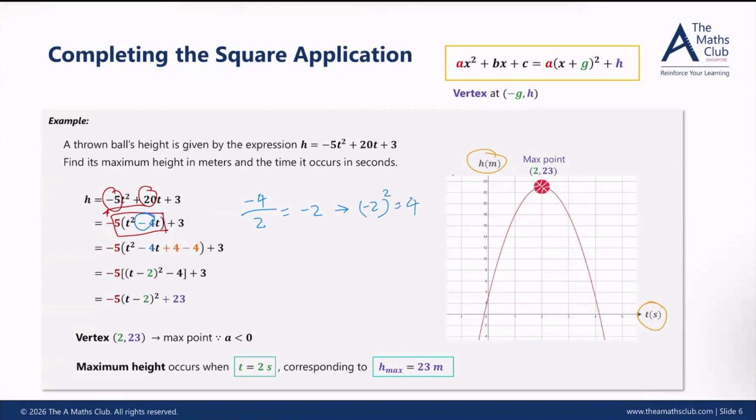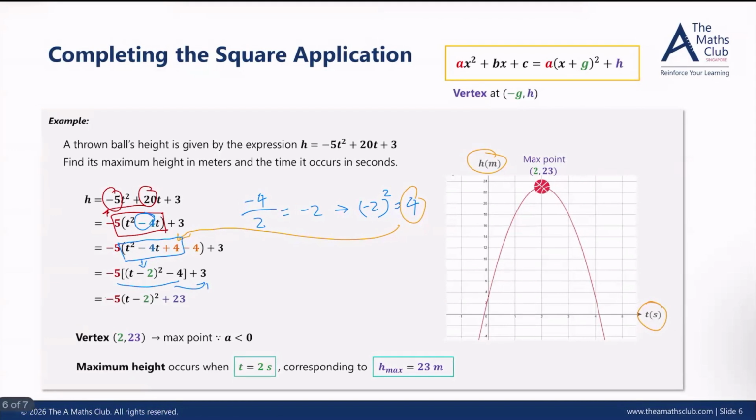to give you 4. Next, you do plus 4 and minus 4 within the brackets in order to derive the perfect square expression within the brackets. Compress it down, turn it to t minus 2 bracket square, and simplify the terms on the outside.